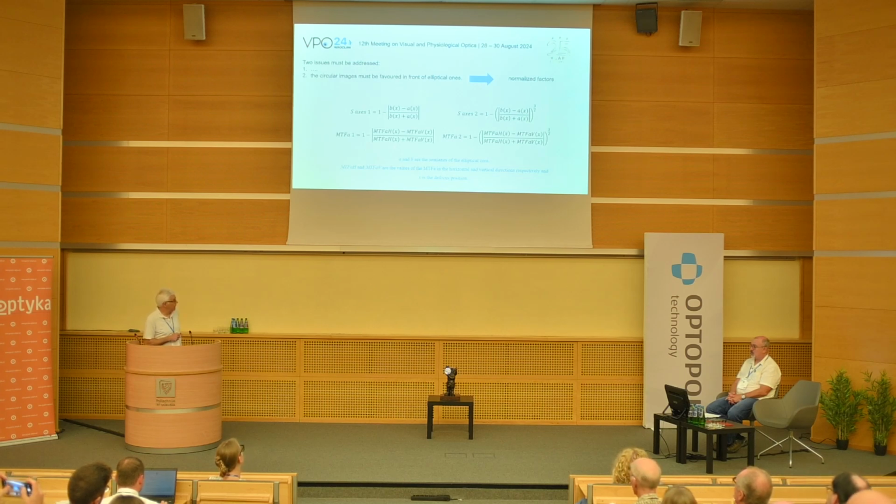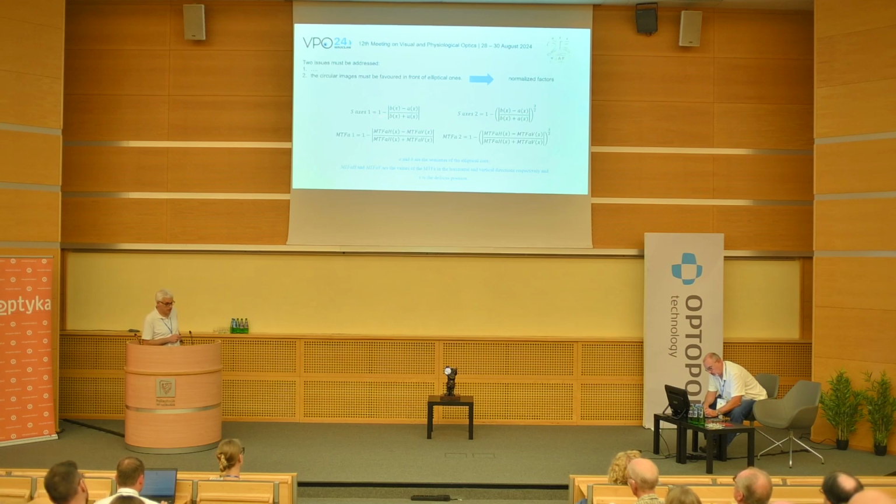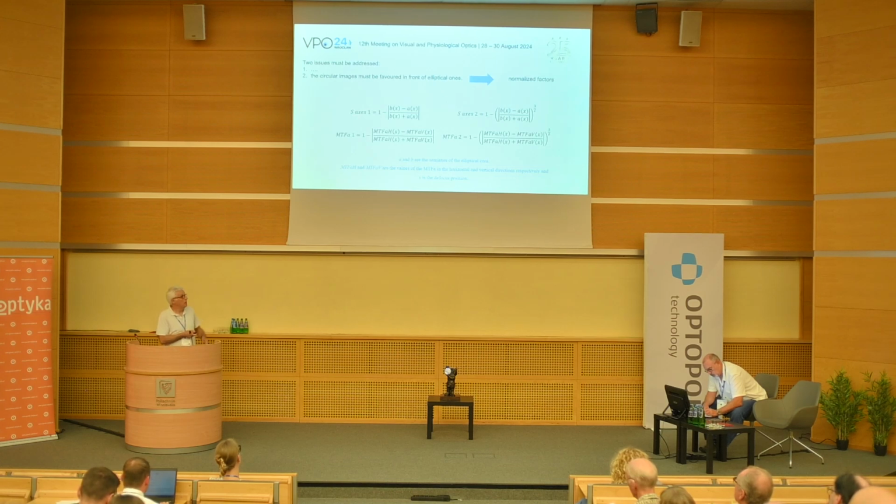Here we have four that are basic, and they are basically two different families. One is based on the semi-axes of the ellipses we are adjusting. The ellipses have two different semi-axes, one bigger and one smaller, and if they are equal, the ellipse is circular and this factor will be 1, and if they are dissimilar, it will be less than 1.